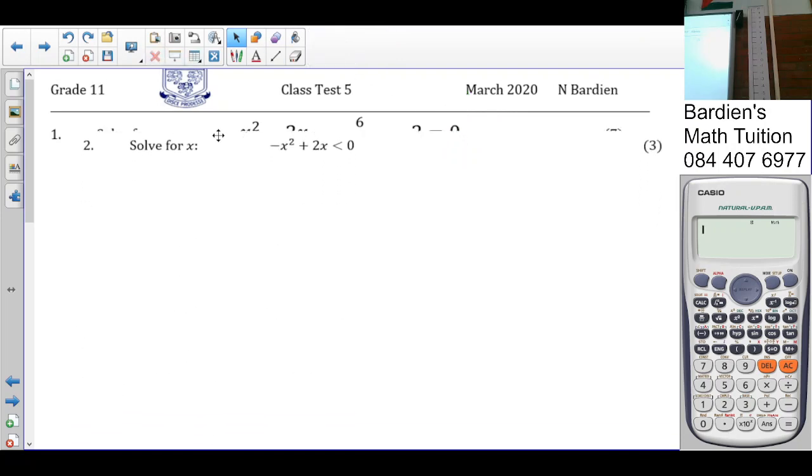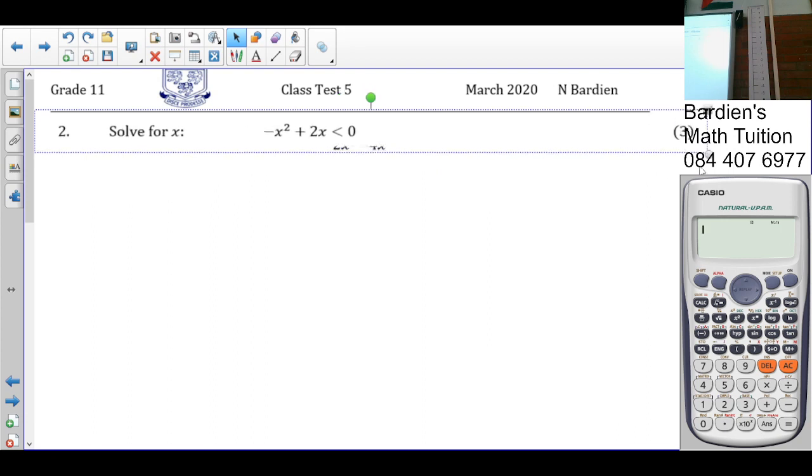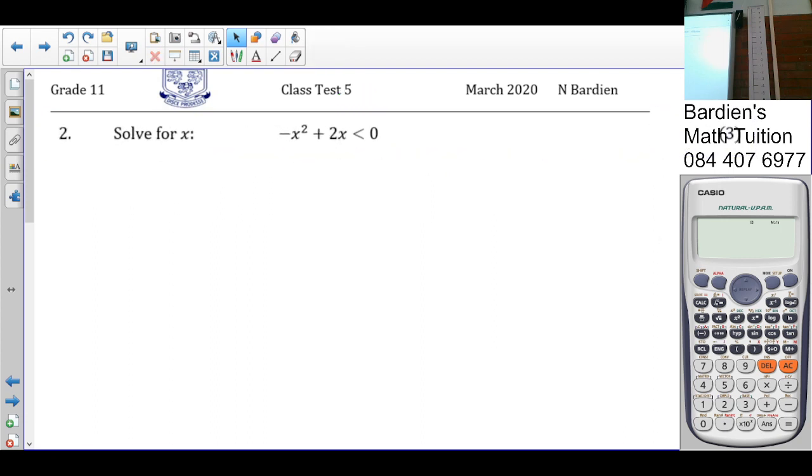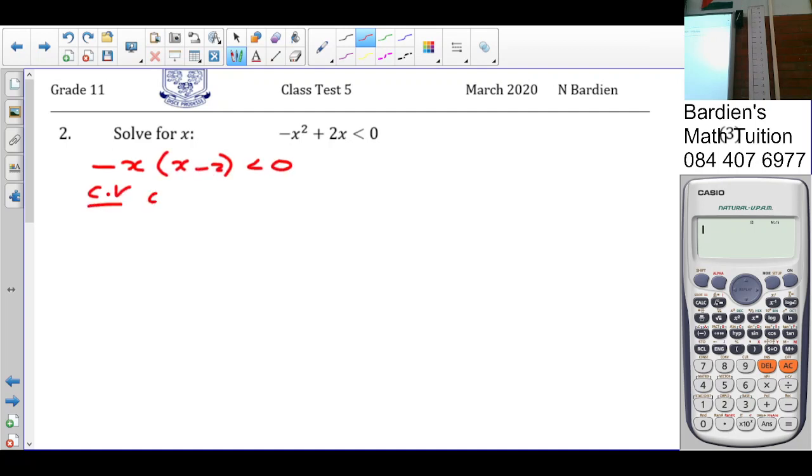Let's look at number 2. Okay, number 2, there are 2 ways of doing it. I'll do it both ways. Firstly, you take out negative x as a common factor. I'm left with x minus 2. Your critical values here are 0 and 2.